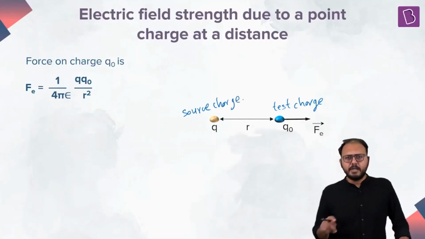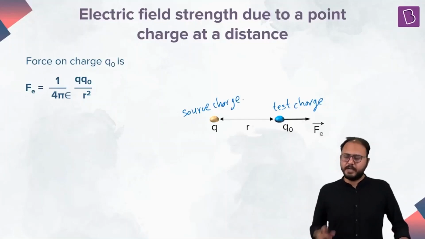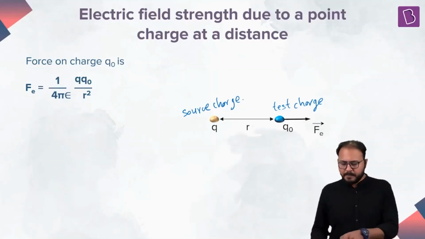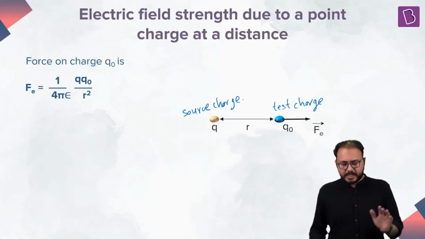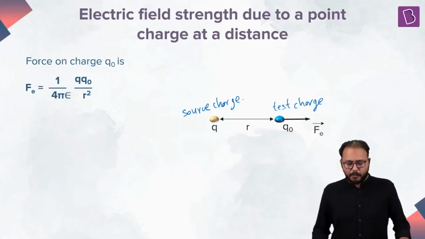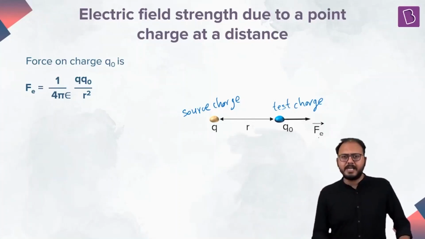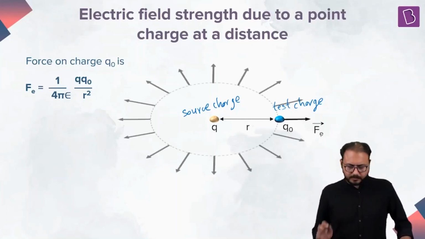Whose field are we finding? Q. Who are we using it to find? Q naught. So, step 1, you found the electrostatic force of interaction between the two charges. The expression is on your screen. Can you see an arrow pointing radially outwards? F subscript E bar. Got it?